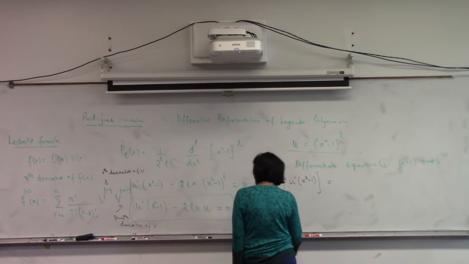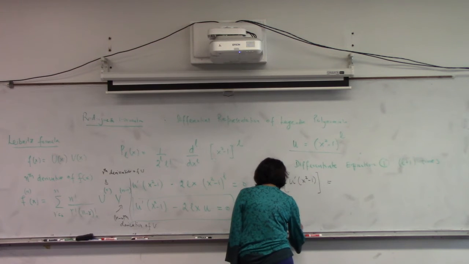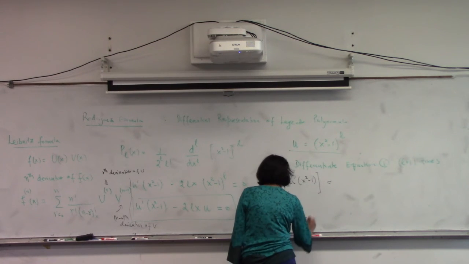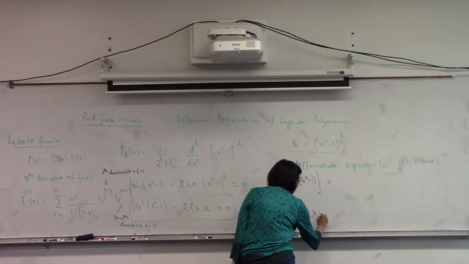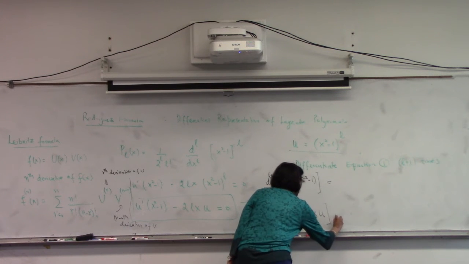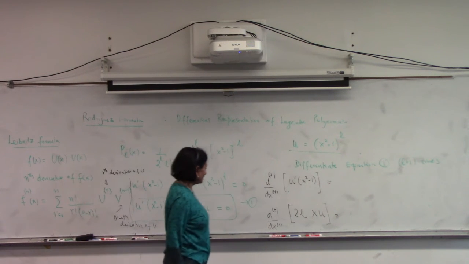Should I take the 2l also here? Let's take it so I don't forget it, although it's x u which matters. And subtract. What happens to this?